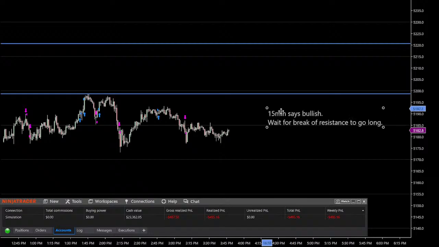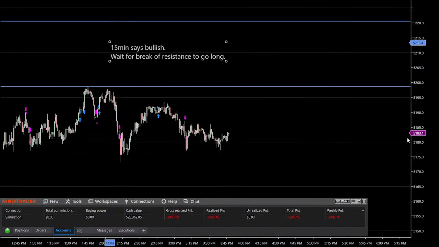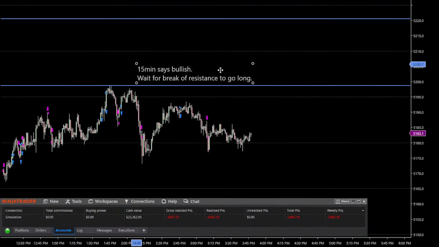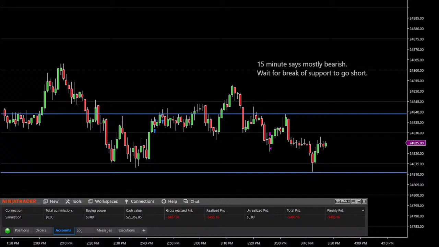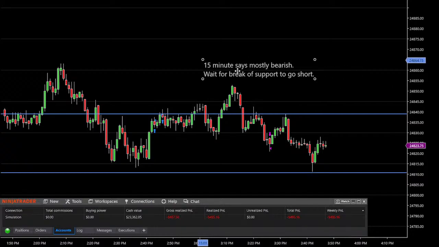Oh, here it is. Why was it over there? I think I can lock this somehow. There we go, locked. And now that won't move. Great. And I'll lock this one too. Great.